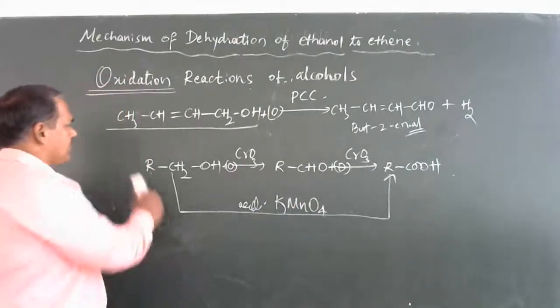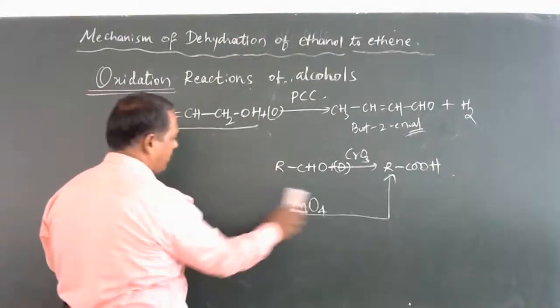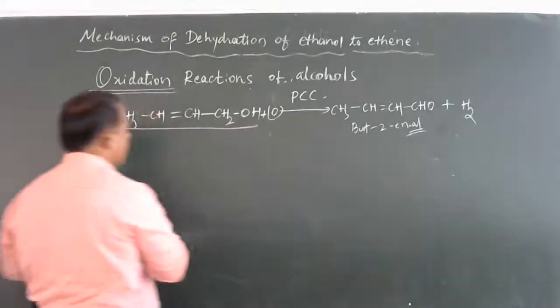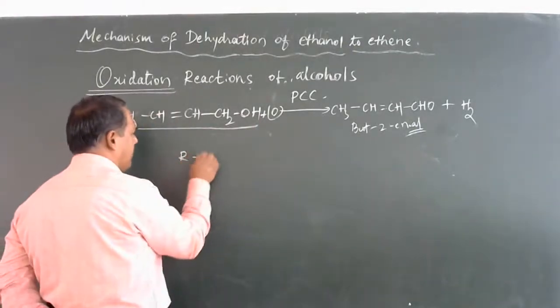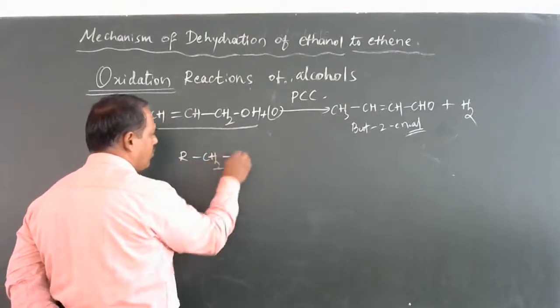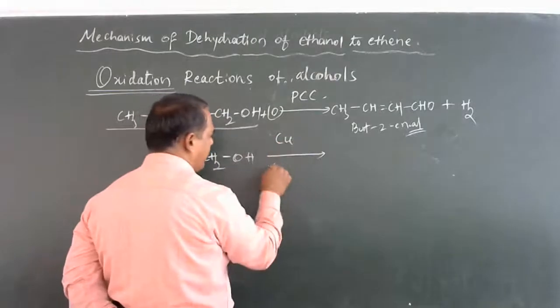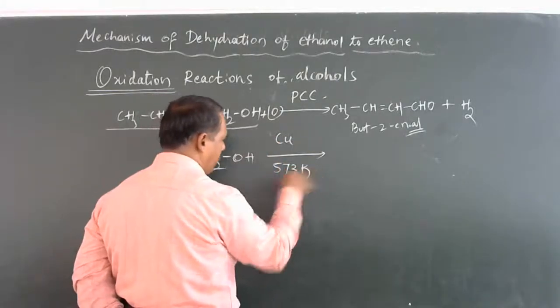We shall again study the oxidation reaction with copper as a catalyst. RCH2OH with copper as a catalyst at 573 K. It's a common well-known reaction.